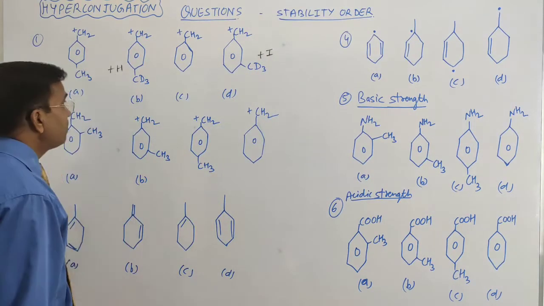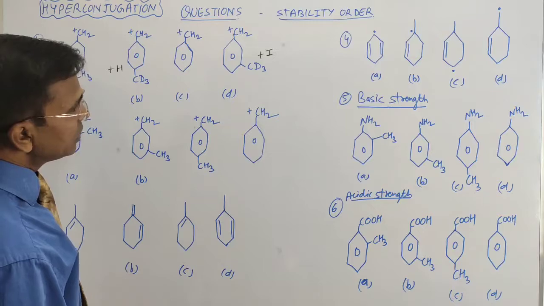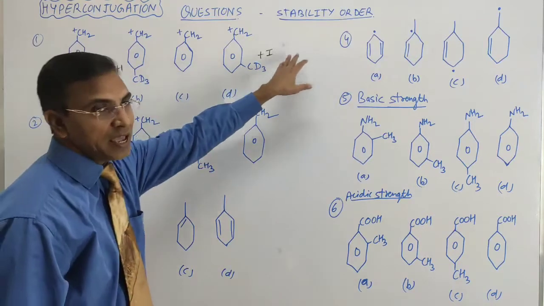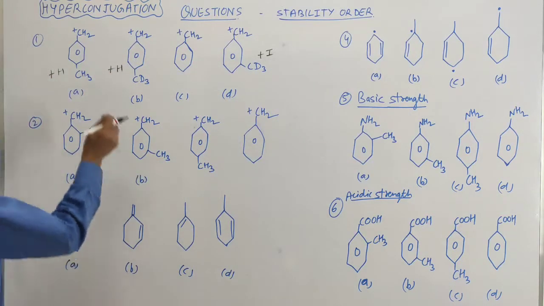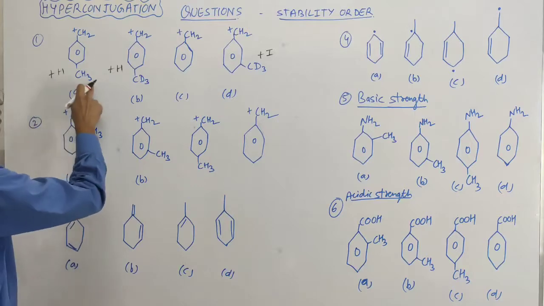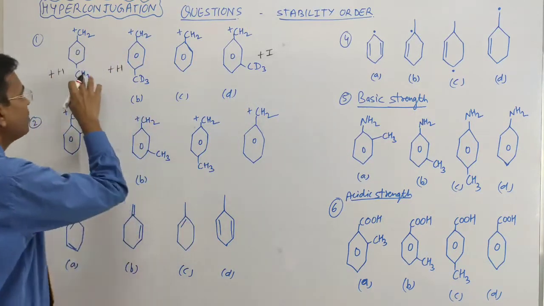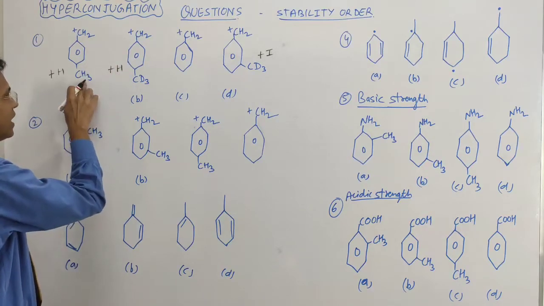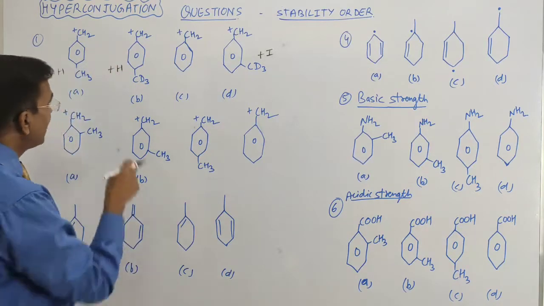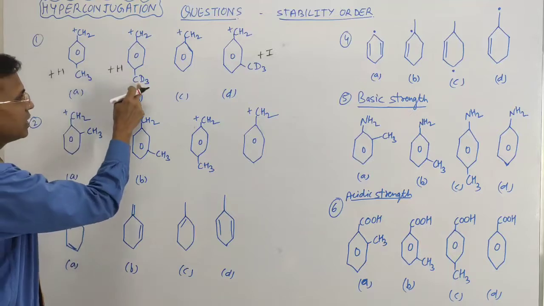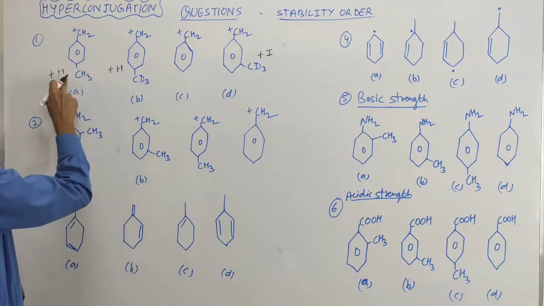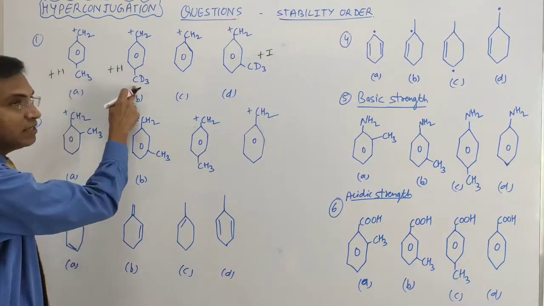So this at meta position shows the plus I effect. And you know the plus H effect is more effective than the plus I effect. That means these two are the more stable structures among the four, and among these two, the plus H is shown by the hydrogen atom more than the D. So plus H is more shown by the CH bond than the CD bond.